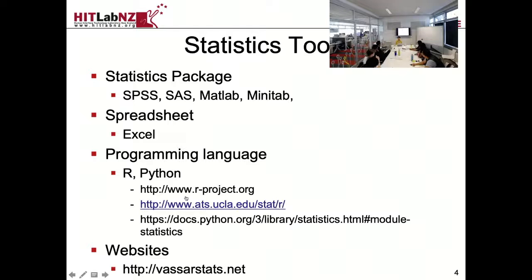The other option is to use a programming language like R or Python. Maybe you need to learn a little more about how to handle the programming language, but the biggest advantage is that it is free, so you can freely download it from the website, and it is much easier to handle the data set.